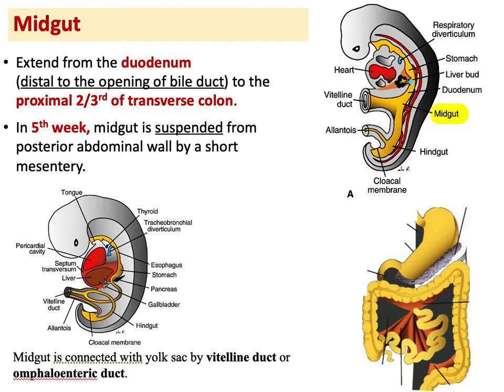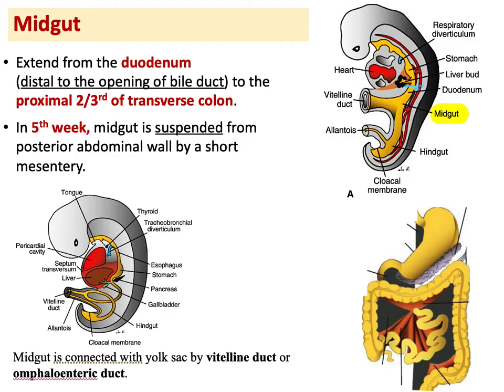The liver diverticulum, or bud, is also formed here, plus part of the duodenum, up to the second part of the duodenum, just distal to the opening of the bile duct. Now that's the end of the foregut.